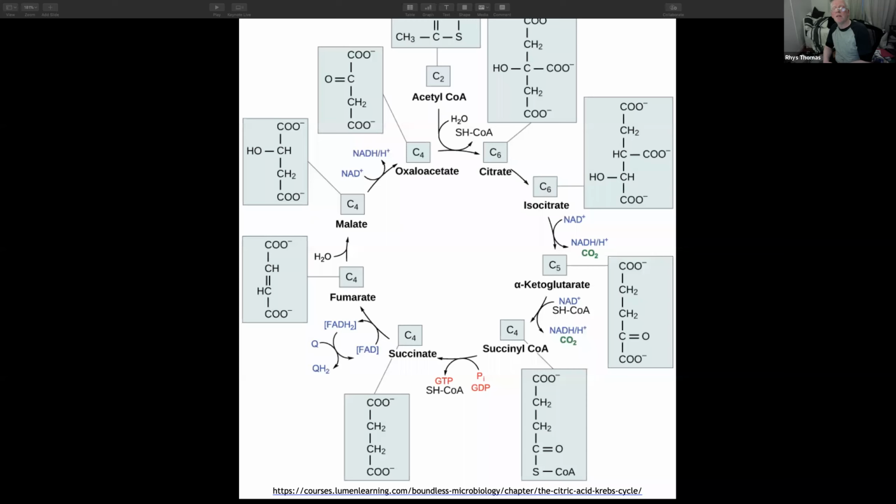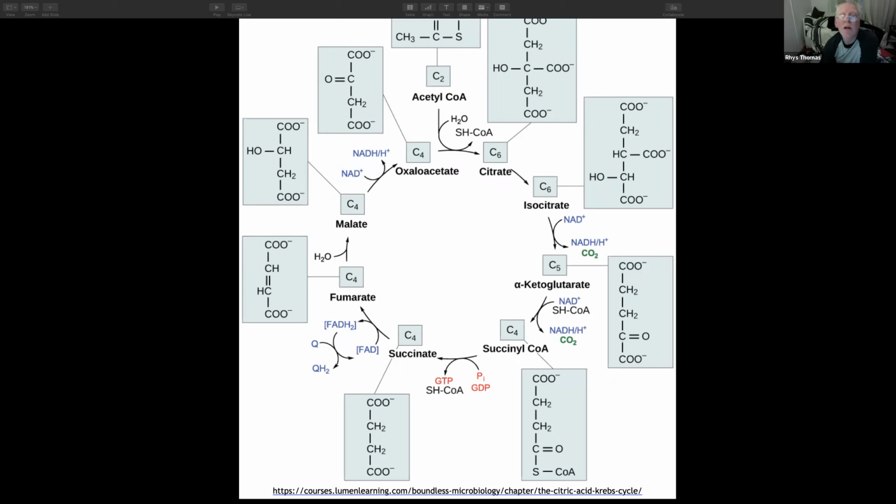And so this is a very big source of the NADH that is used in that oxidative phosphorylation process. So you can see there's a number of points there where you produce that NADH that then gets utilized with the electron transport chain.